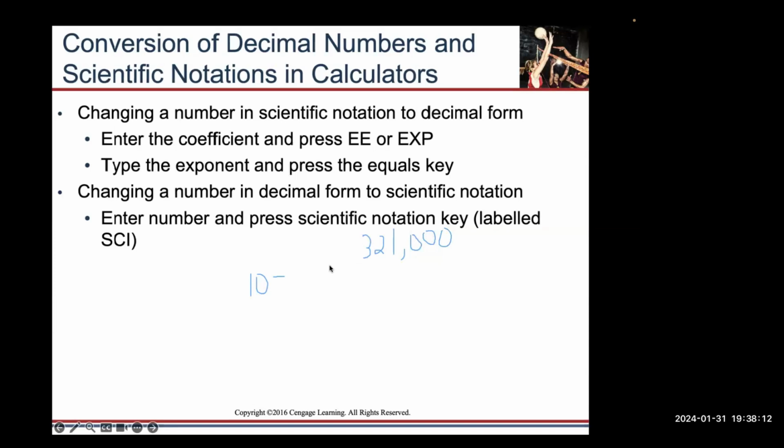If we wanted to change this to scientific notation, we know that would be 3.21 times 10 to the, that's 1, 2, 3, 4, 5. So 3.21 times 10 to the 5.